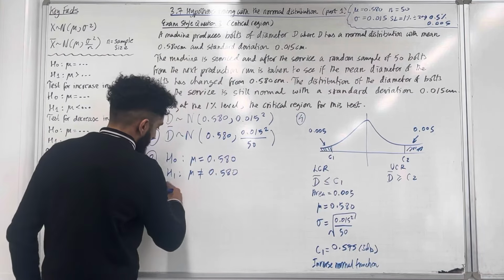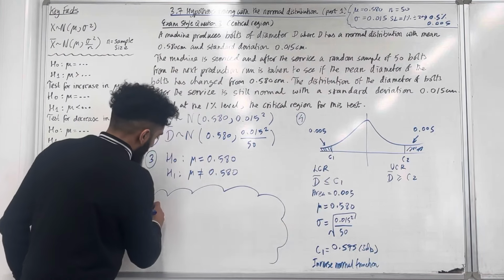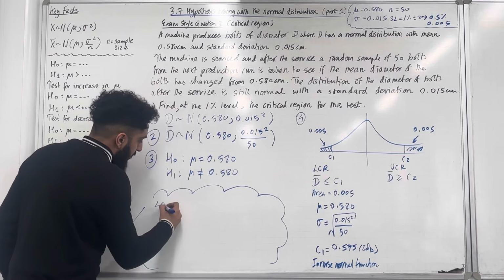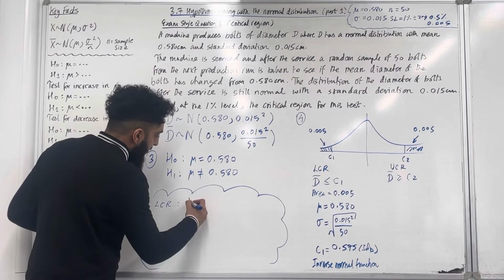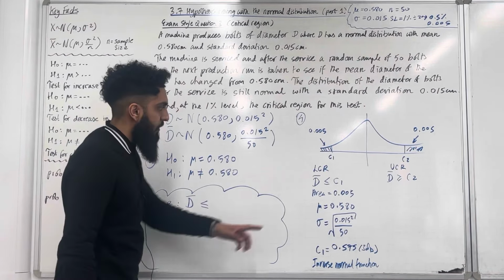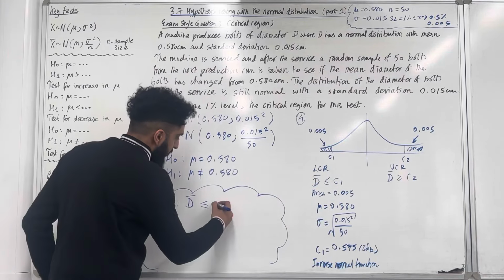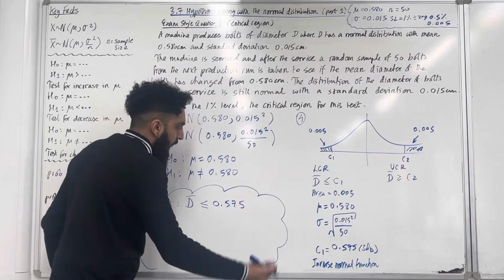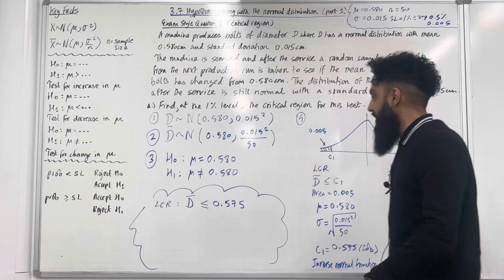So I've got my lower critical region LCR. That will be D bar is less than or equal to C1, which is 0.575.